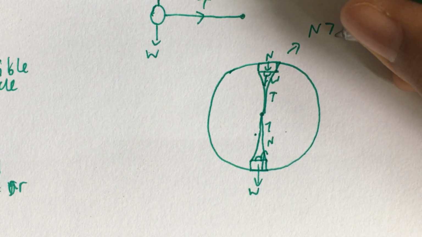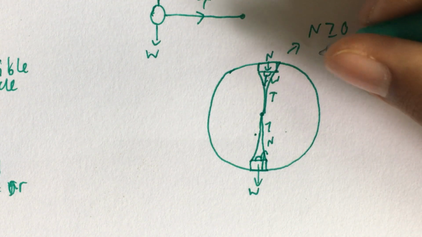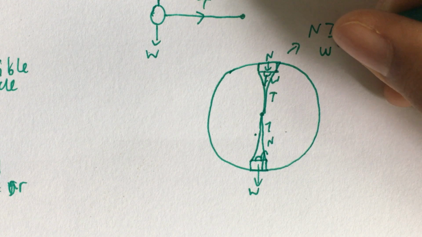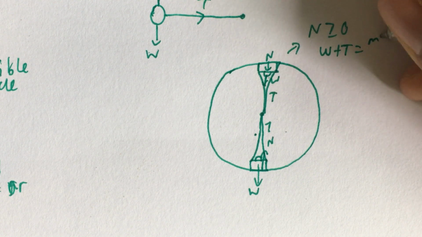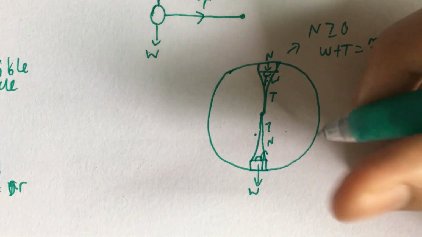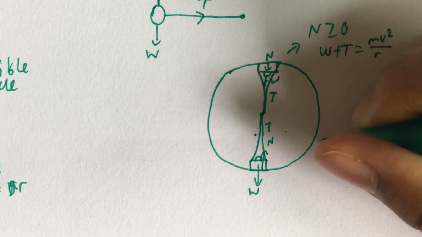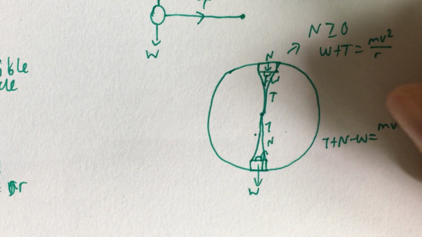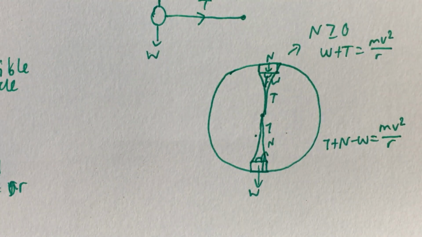And at the top, if the normal force is zero, and the weight and the tension are both added up to get the centripetal force, then at the bottom you would have the normal force plus the tension minus the weight equals mv squared over r.